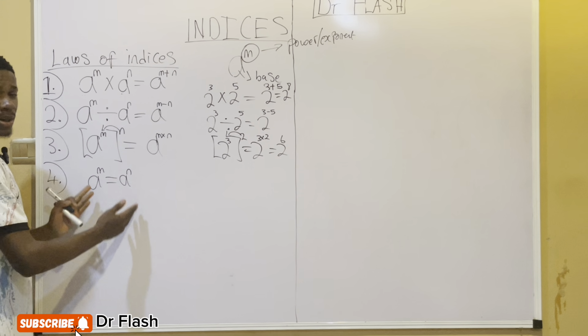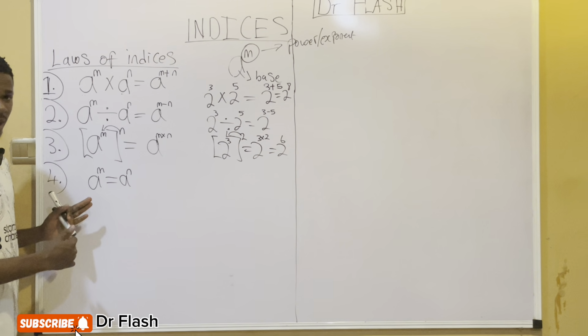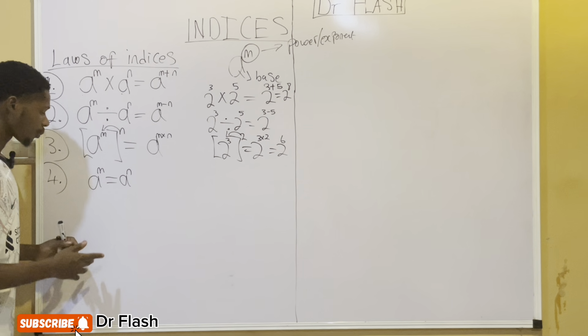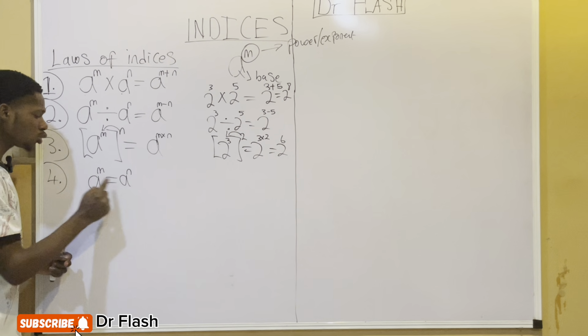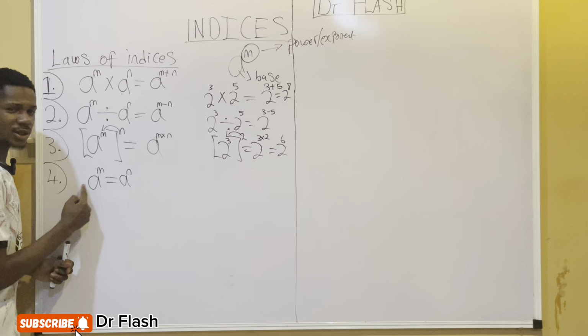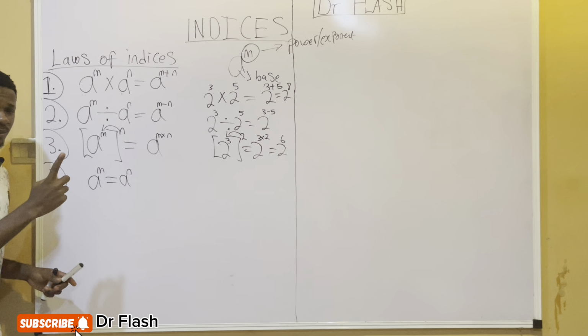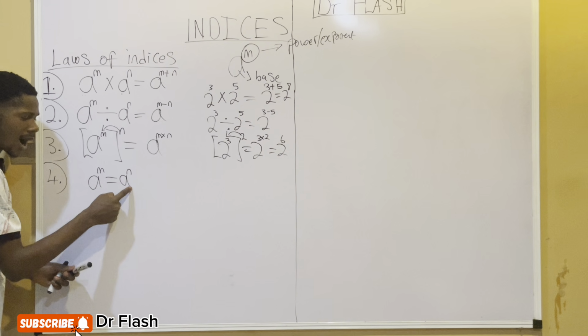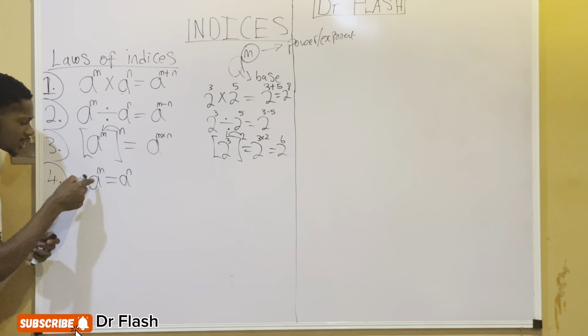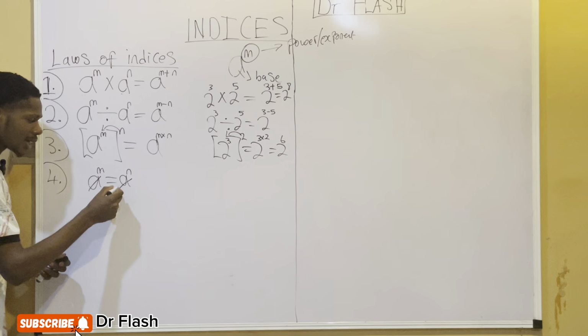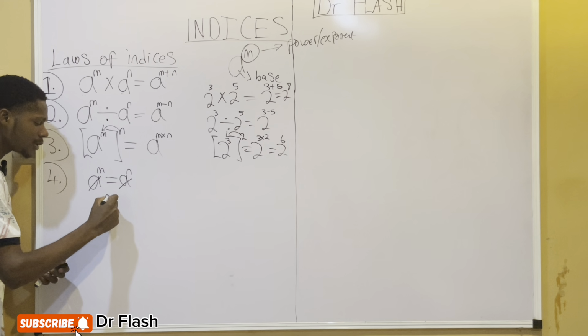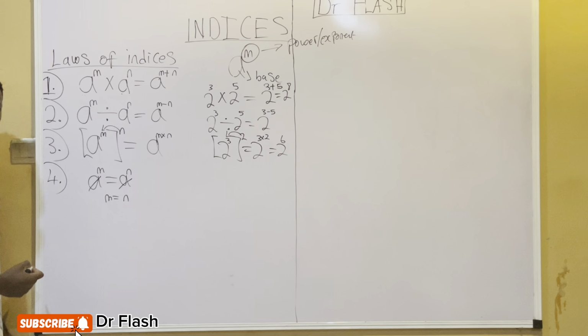If you are just having two terms on both sides, there is no plus, there is no minus on one side, here is what is going to happen. We check if their bases are the same; we can cancel them out only if they are the same. So we have a here and we have a here. Since a is on both sides, they can cancel out, and then we'll be left with m is equal to n. That is what the law is saying.